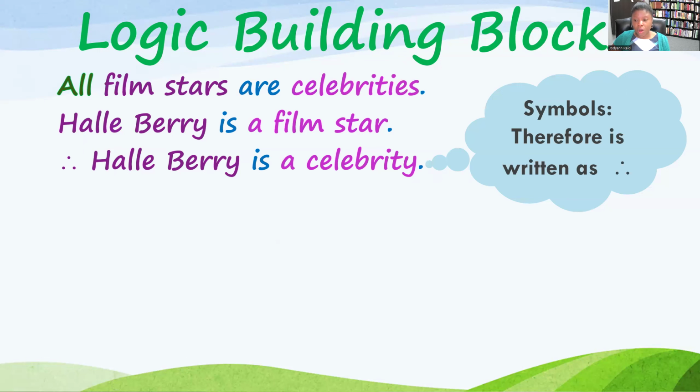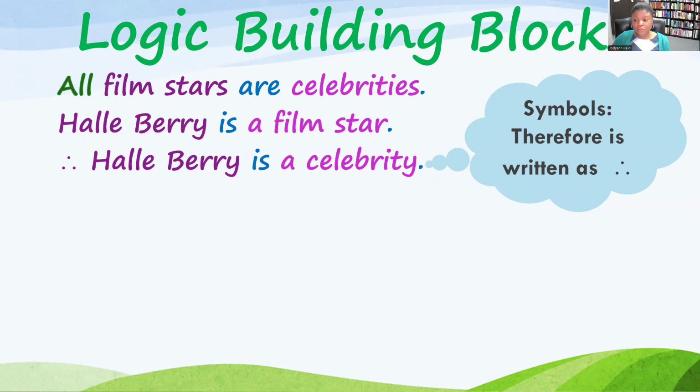At this point, I want to introduce something new to you that you will need to implement from here on out. This is your introduction to using symbols in logic. So the first symbol that you are going to learn is the symbol for therefore. You notice that that symbol is the three dots.